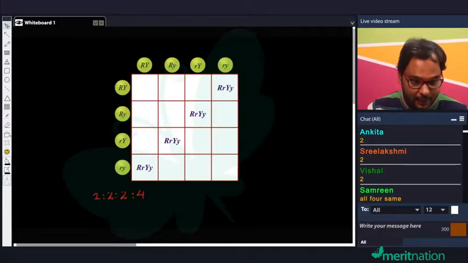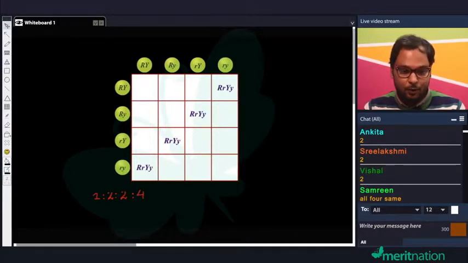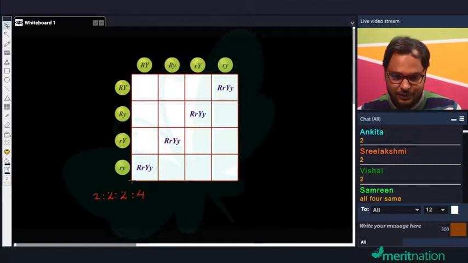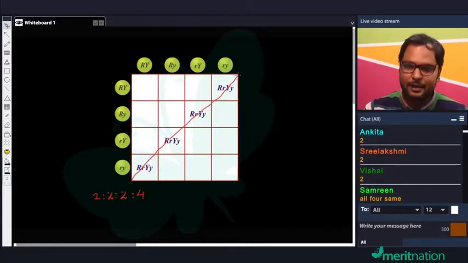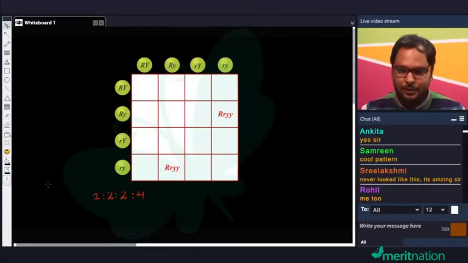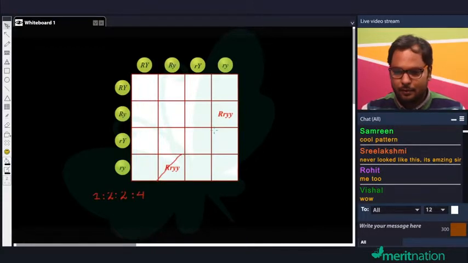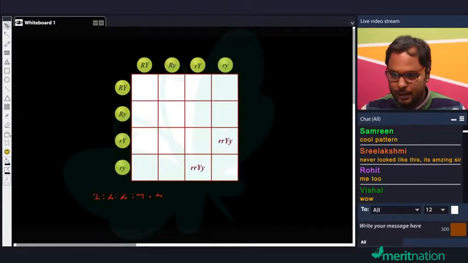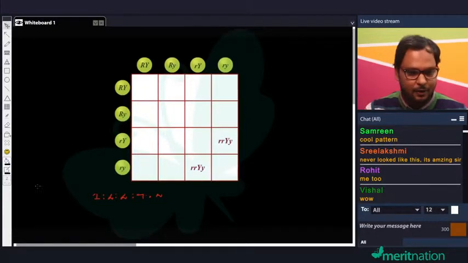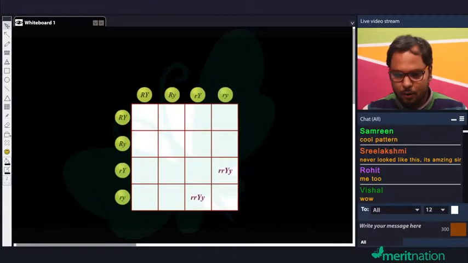Now next again. It will keep on repeating, like now you can see here. It's a diagonal relationship. Another diagonal. We'll move further. So what I'll do, I'll write it here again for all of you, at the topmost position.